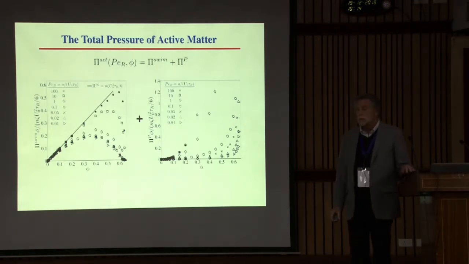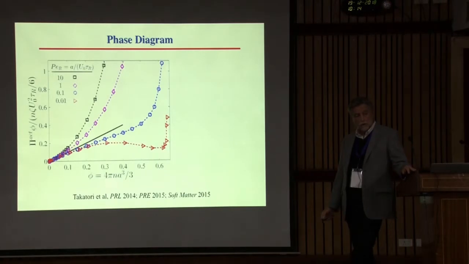So the total pressure, which we call the active pressure, appropriately normalized, as a function of the volume concentration. This is what the active pressure looks like as I vary the reorientation Peclet number. Start off here at black, which is relatively high. And now on this, I'm going to superimpose the Carnahan-Starling equation of state for hard spheres. It's identical.